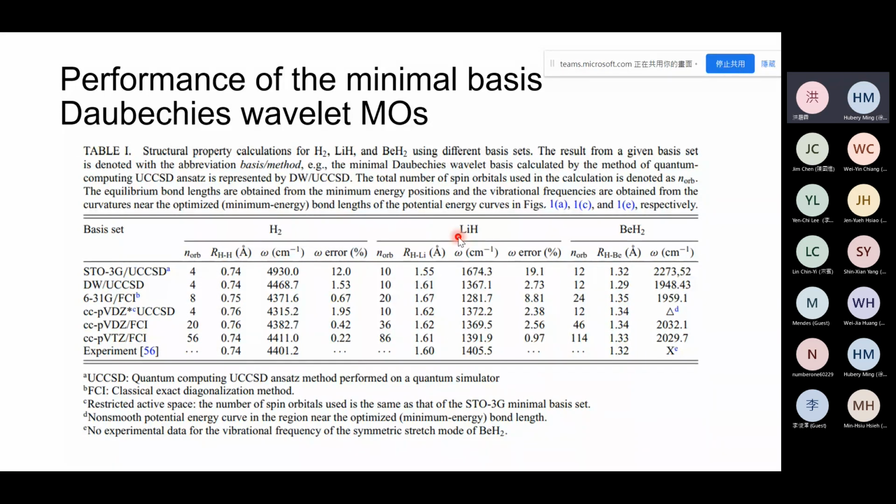Okay, I see. So in the table, why can D and E not be calculated? Here, the experimental data for BeH2 cannot be obtained because the Raman spectrum cannot detect this mode, but for the other mode it can. Here is beryllium and hydrogen.